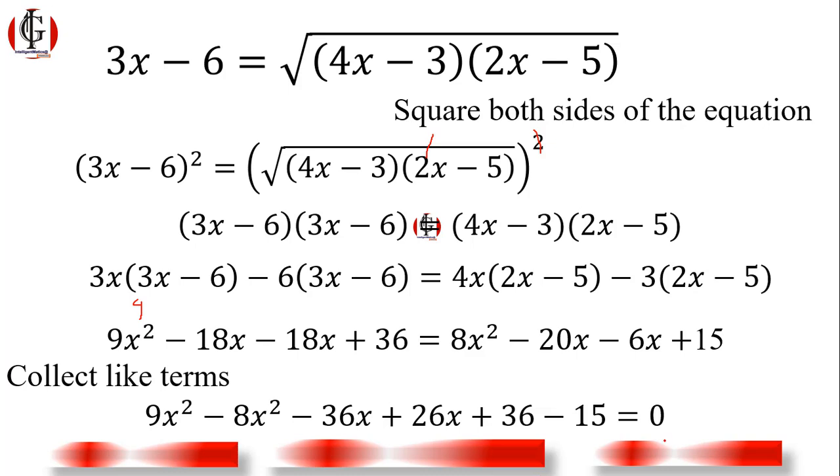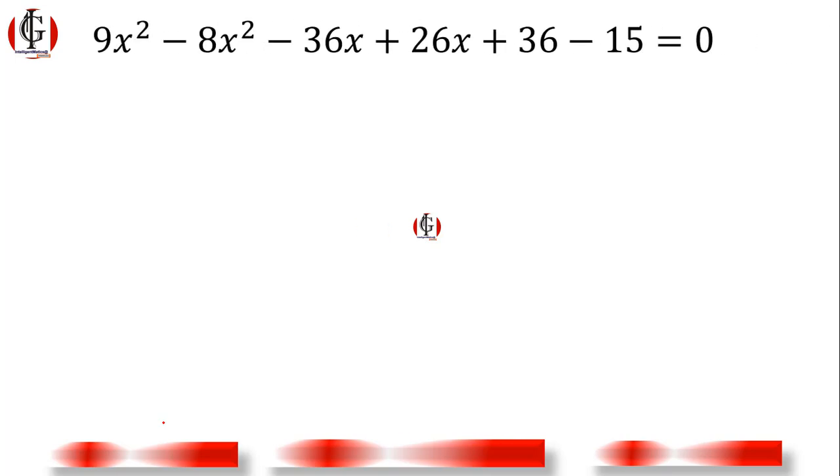We are trying to make everything equal to 0. So 9x squared minus 8x squared will give us x squared, minus 36x plus 26x, that is minus 10x, plus 36 minus 15, that will give us plus 21 equals 0.